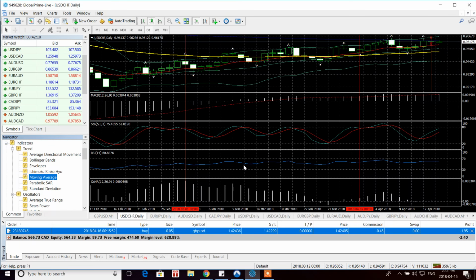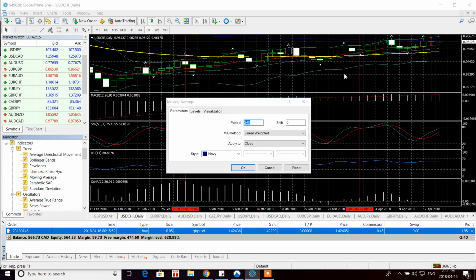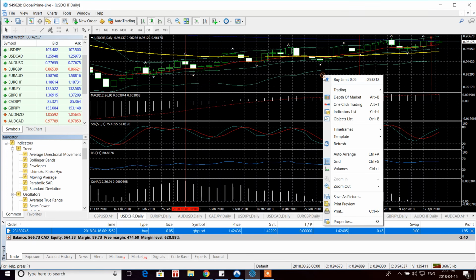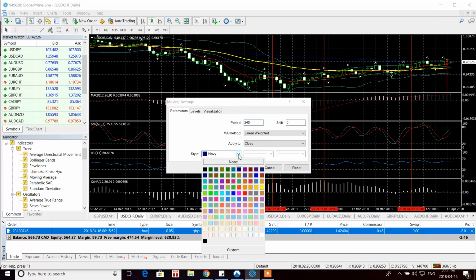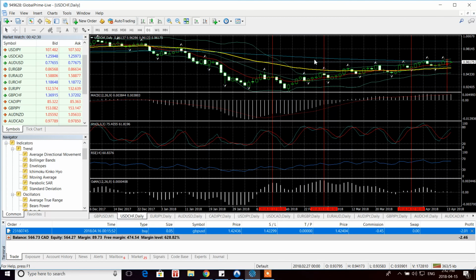Where did it go? Oh, here. Let's zoom out. Okay, there it is. There's the blue there. Let's change the color so it's a little bit brighter. Okay, there's the blue.